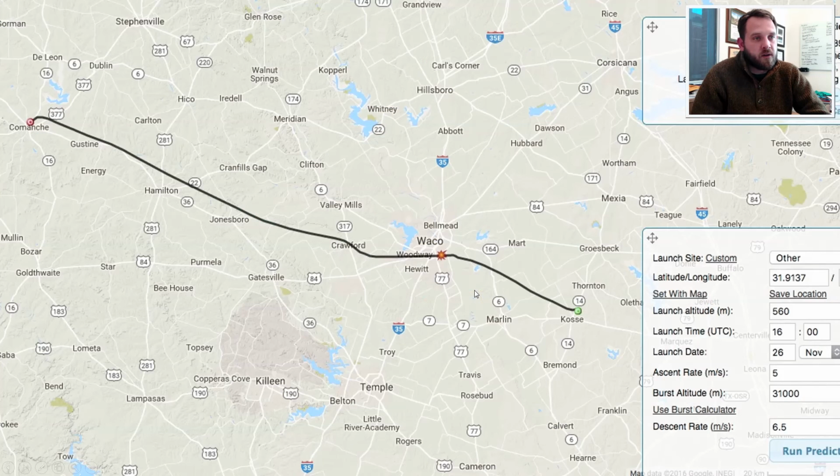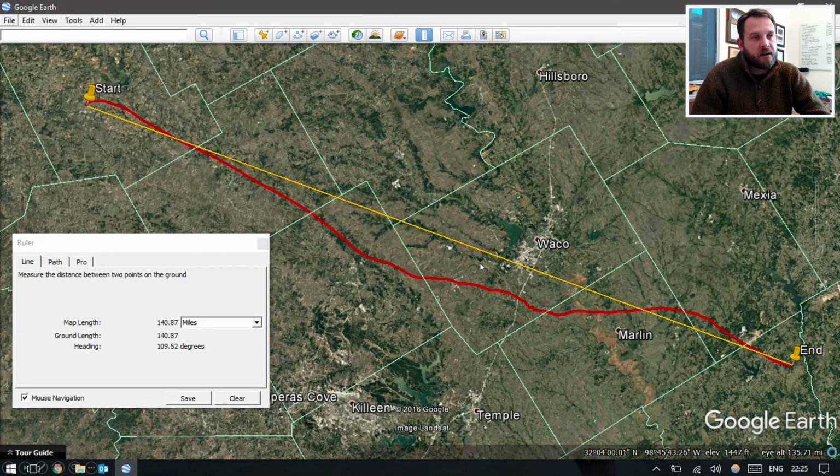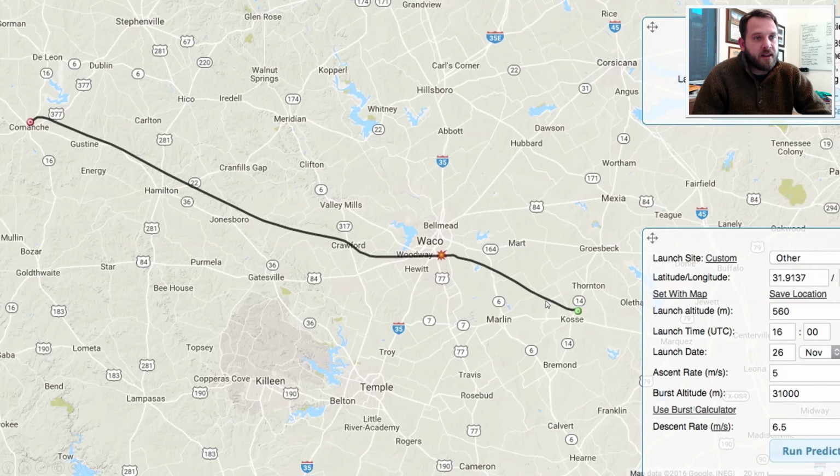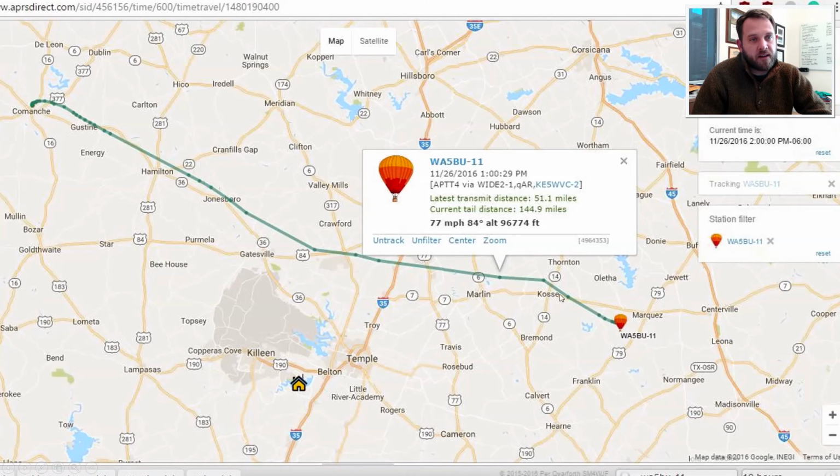The only real difference is the prediction had the burst around Loop 340 in the Waco area, whereas because we flew higher, the actual burst was more southeast of town, which meant that instead of landing in the Kasi area, we actually landed about 12 to 14 miles east of the original prediction. So we went higher and we went longer than we originally thought.